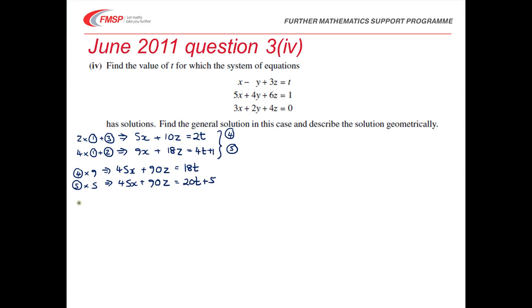So these equations have solutions when those are consistent. In other words, when 18t is equal to 20t plus 5. In other words, 2t is minus 5, so t is minus 5 over 2.